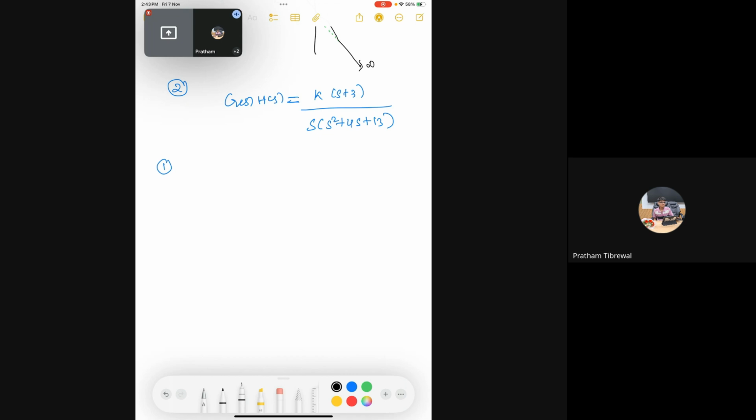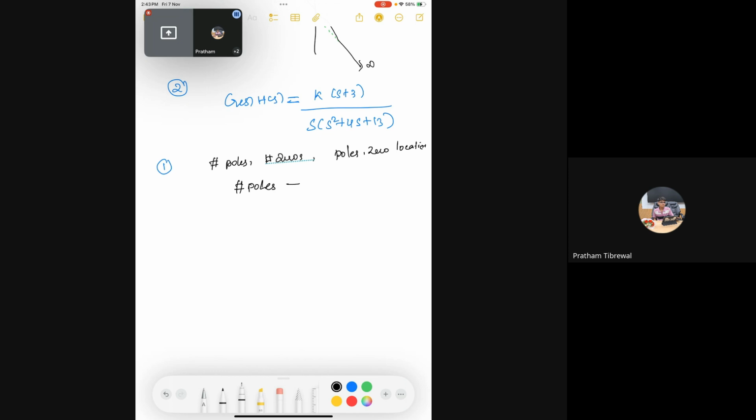First we will find the number of poles, the number of zeros, and where the pole and zero locations are.